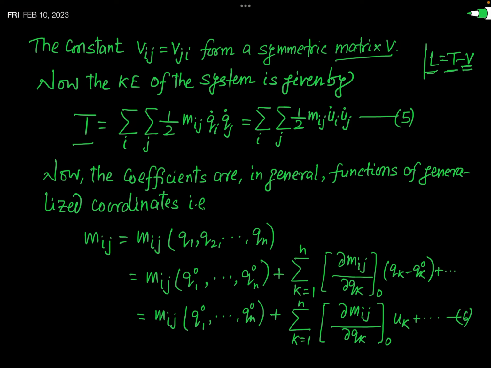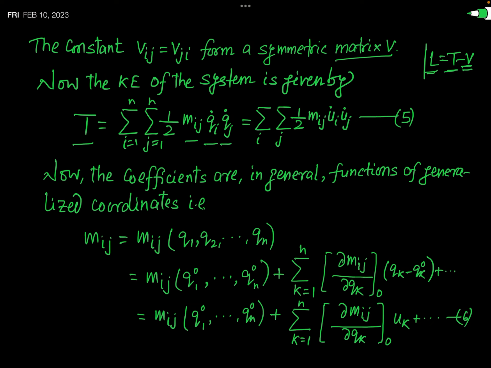You have studied earlier that the general expression of kinetic energy in the Lagrangian formulation is just a quadratic term in which there is a square of velocity. This quadratic term is not written in the square form, but like this: summation over i, j from 1 to n, half Mij qi dot qj dot.